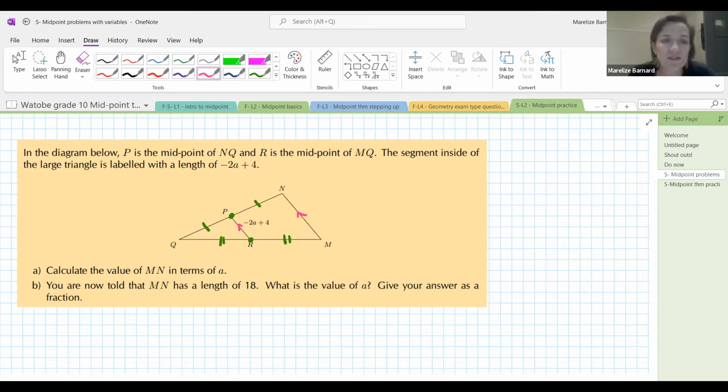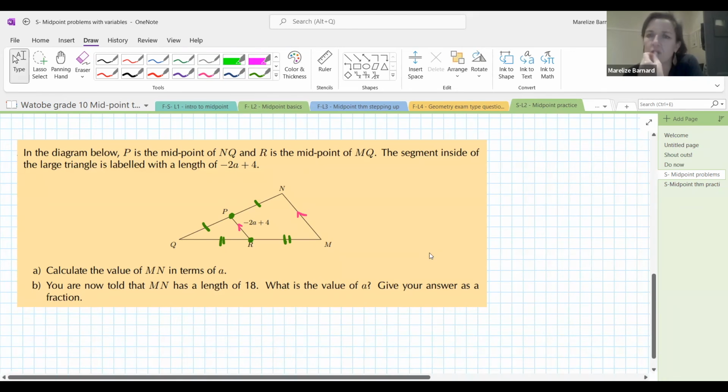First question asks, calculate the value of MN in terms of a. Right. Put your answer in the chat. MN in terms of a. Yes, Mitchell, minus 6b over 4 simplified is minus 3 over 2, I think.